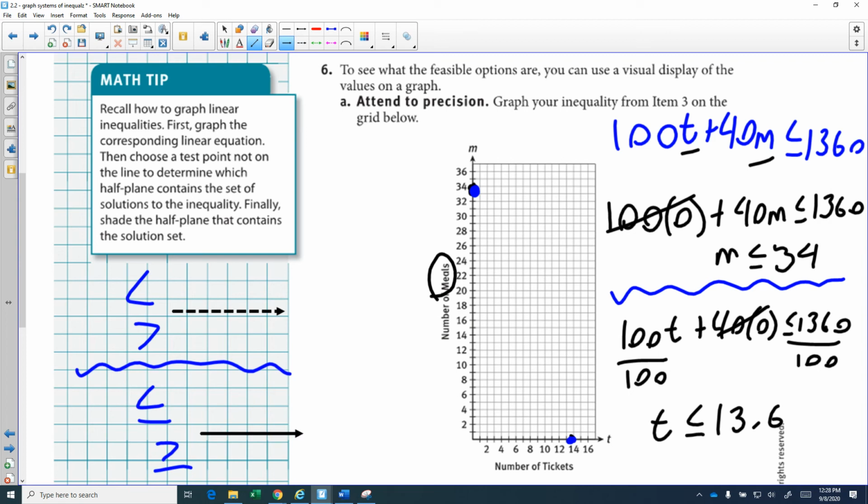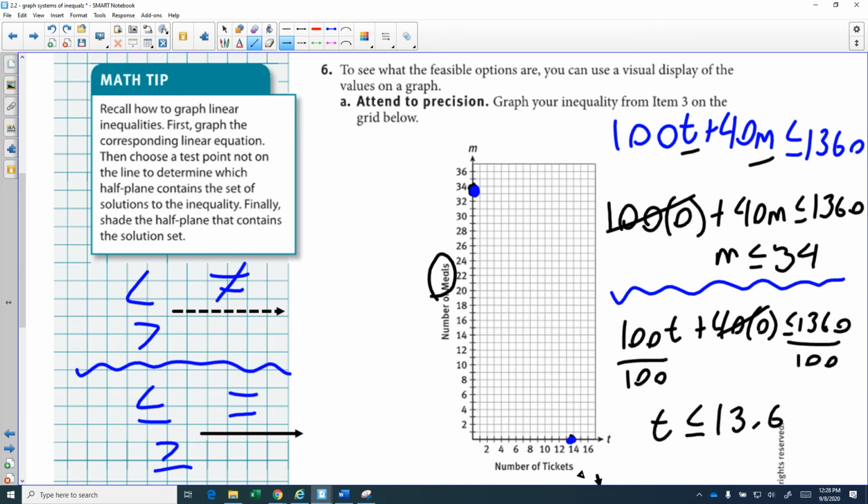The dotted line represents that you cannot equal those values. This one straight line represents that you can equal those values. So in this situation, because I have an equal to value, I'm going to go ahead and draw a line through those points.